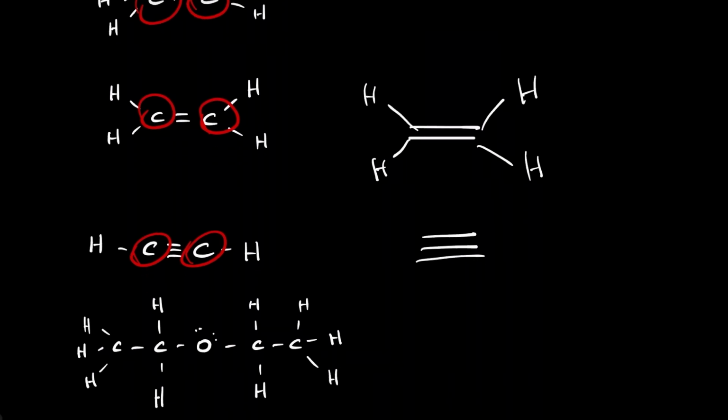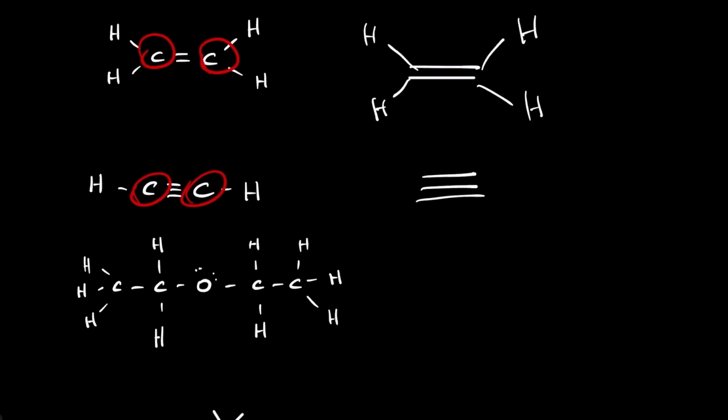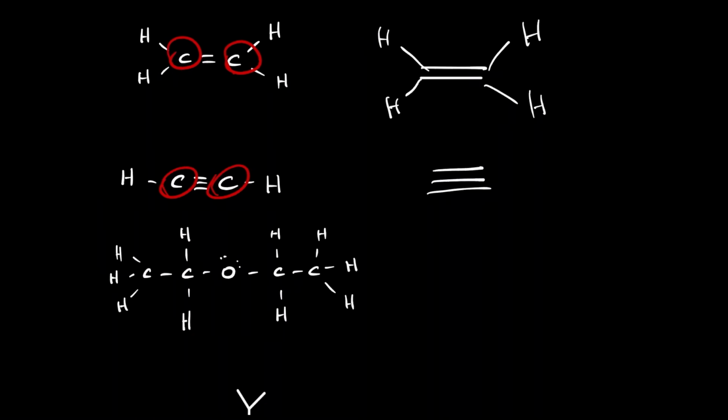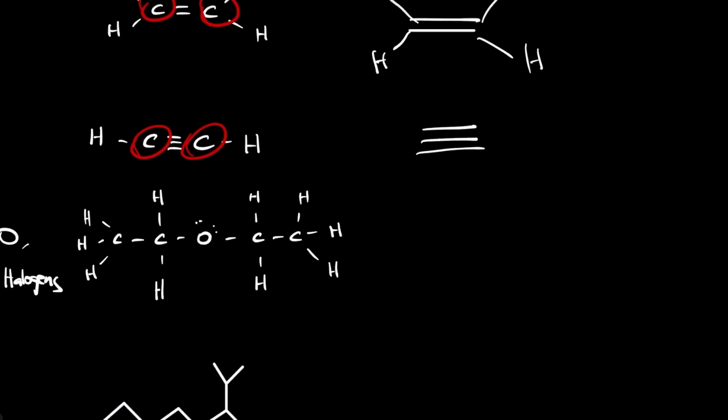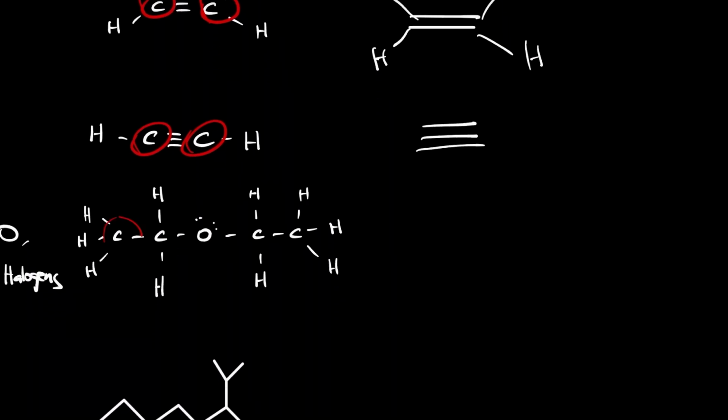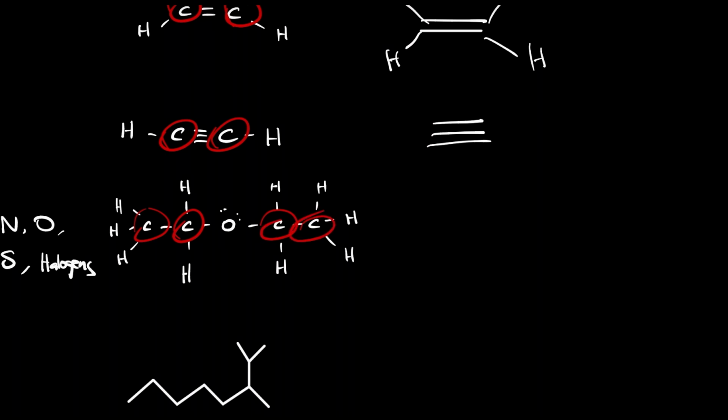Hydrogens are implied. What about heteroatoms, like oxygen? And other heteroatoms are, say, nitrogen, oxygen, like here, sulfur, and the halogens. So, first thing first, still, you count the number of carbons to determine the line ends. 1, 2, 3, 4.